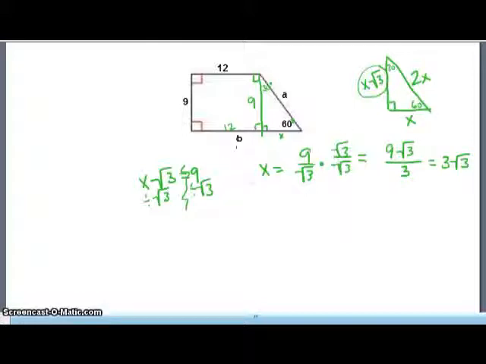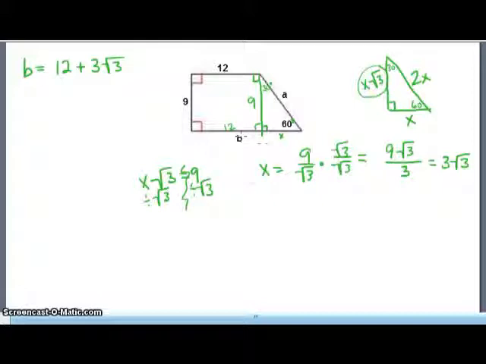Well, now we're ready to solve for b, because if we know that this part is 12 and this part is 3 root 3, we can say that b is equal to 12 plus 3 root 3. You can't say that this is 15 root 3 because this 3 and root 3 are being multiplied. They're tied together, so you can't separate them to do this addition.